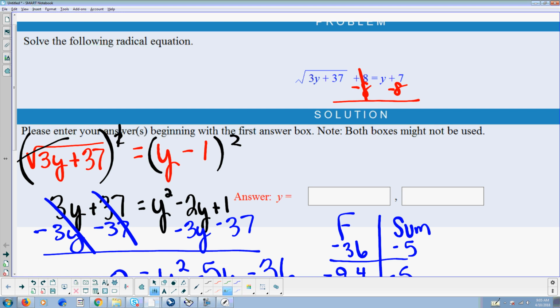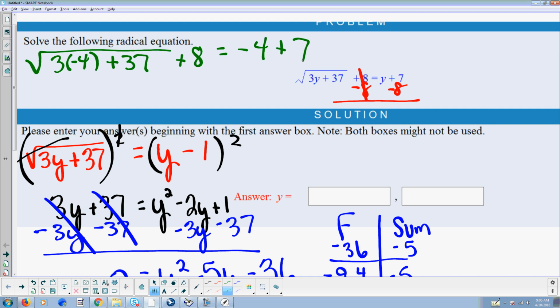So, checking the -4, we'll do the square root of 3 times -4 plus 37 plus 8 equals -4 plus 7. So on the right side, we're going to get 3. Question is, does the left side simplify to equal 3? Well, 3 times -4 is -12, and -12 plus 37 is 25, and square root of 25 is 5.